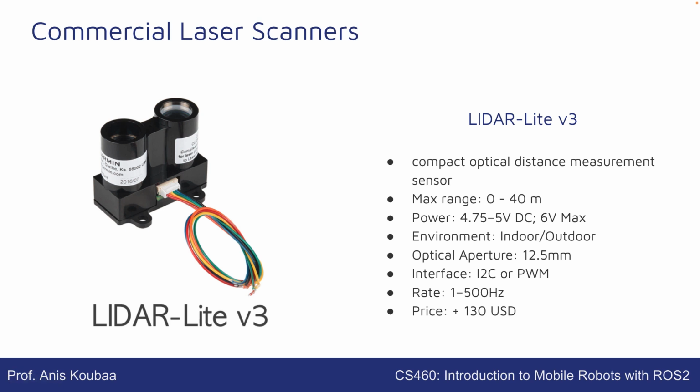And one of the usages of this laser scanner is on drones, to have a better altitude estimation of the drone, especially when it is landing and also taking off. For example, in some of the drones that we have here in the lab, we put this looking down to the ground so that we can have a good estimation, when the drone is landing, of the distance to the ground, so that we control the speed until the drone is completely landed, and also on takeoff.